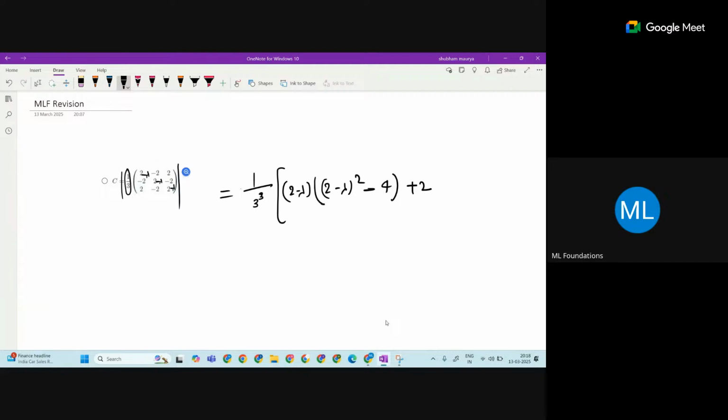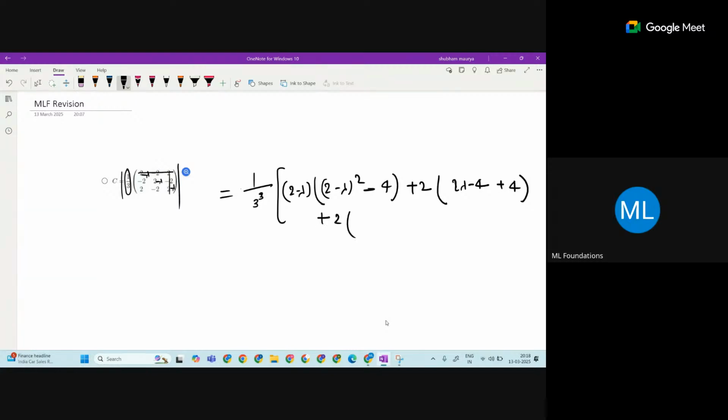Then this is going to be plus, and if we cross this 2, then this is going to be 2 lambda minus 4, and this is plus 2 plus 4, and then plus 2.